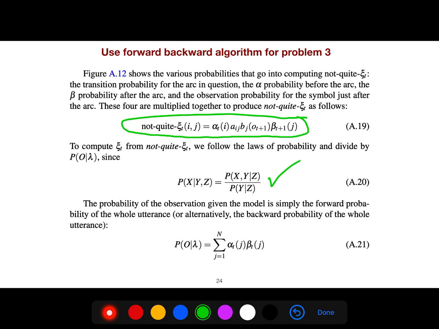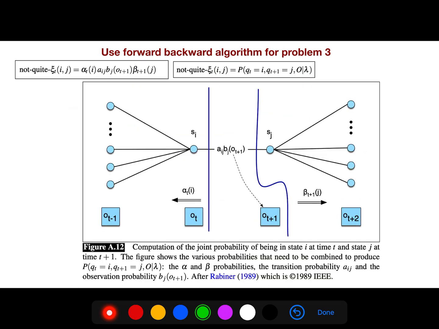But we want to know the probability of observation given the model, which is the forward probability of the whole sequence. So this is the probability of observation given your model. So the intuition is like this.